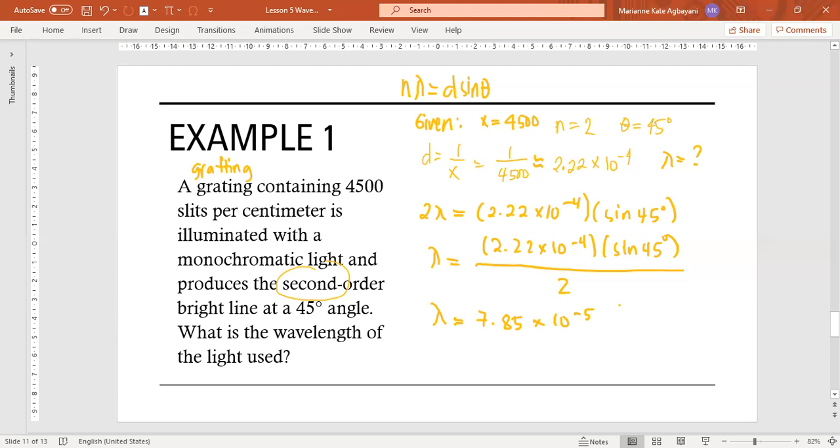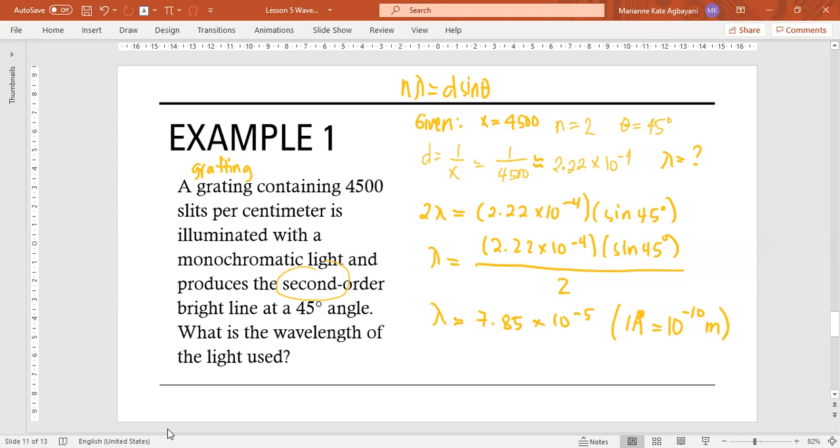Now, take note that 1 angstrom is equal to 10 to the negative 10 meters. Let me check the nanometer. Okay, that is equal to 10 to the negative 10 meters.